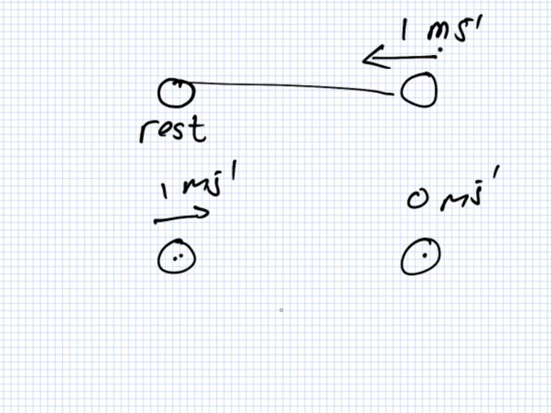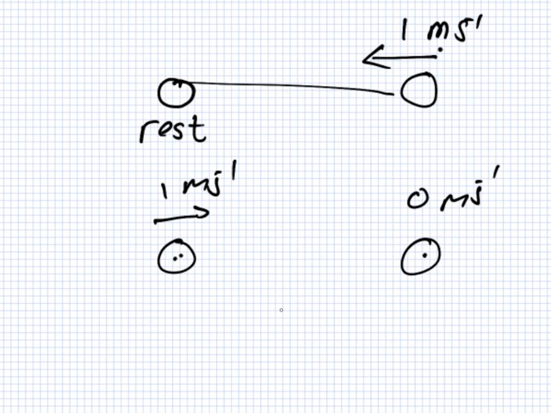So, for example, if this is moving at 1 and this is moving at 2, it's like this is not moving and this is moving at 3. Like if two cars crash, 60 kilometers an hour, 60 kilometers an hour, it's like 120 because they're both moving towards each other.